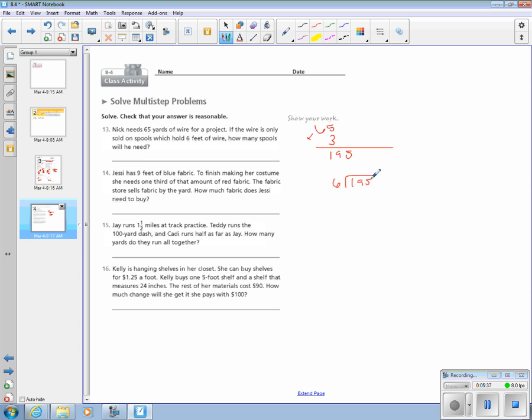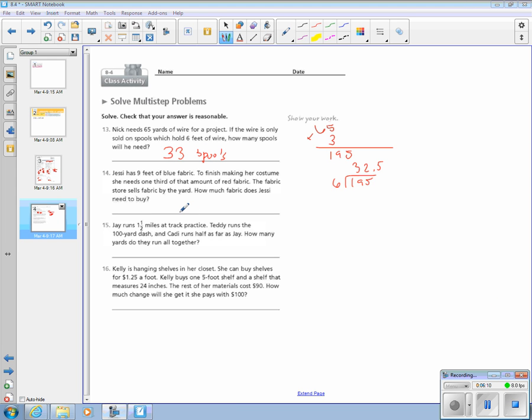Then we will come up with 32.5 spools, but obviously we can't buy half of a spool, so what you need to do is round up to the next spool so that you know you'll have enough, and he will have 33 spools of wire. If you could read that, awesome.